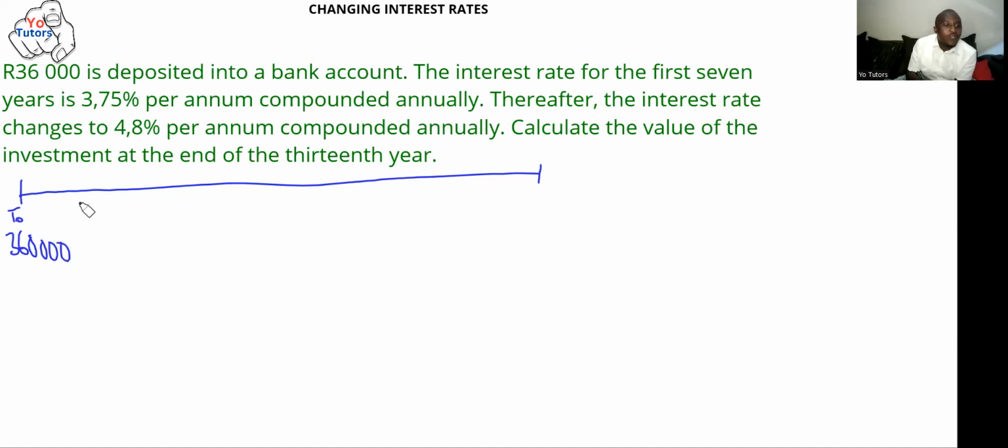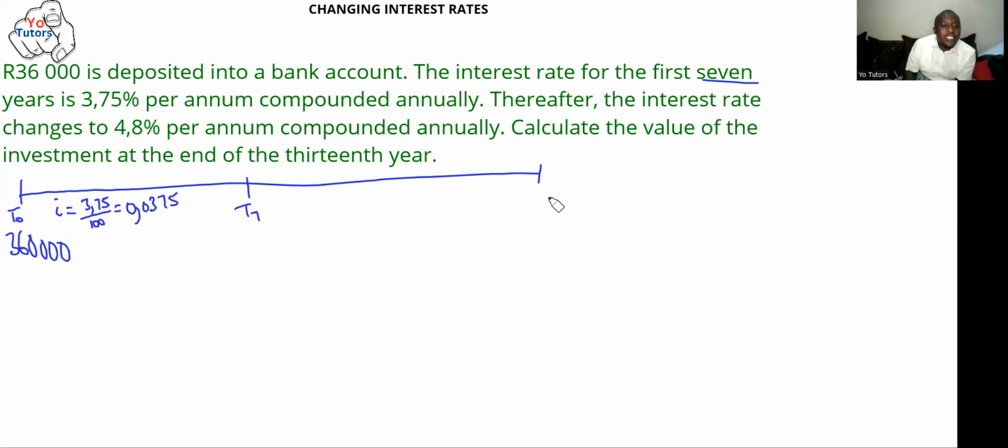The interest rate here is 3.75 over 100, which is equal to 0.0375. This is for 7 years, so for the first 7 years, up to T7.